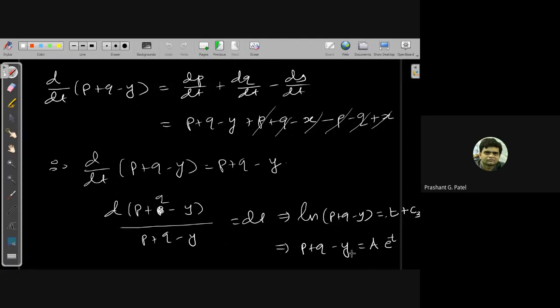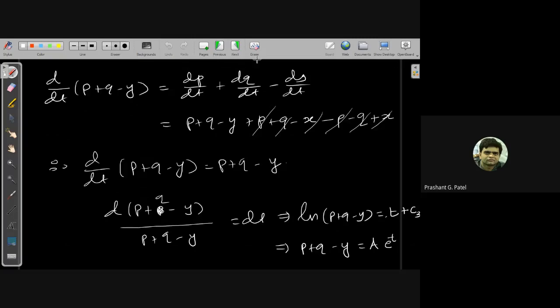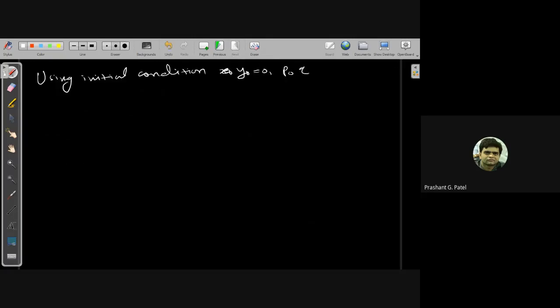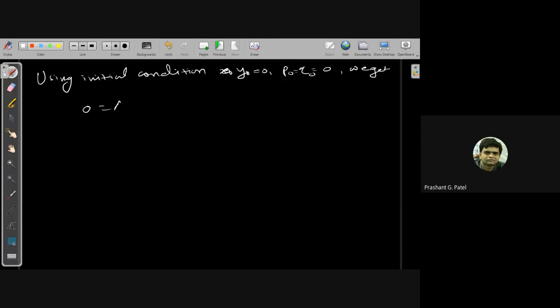We get 0 equal to a into e power 0, that implies a is 0.